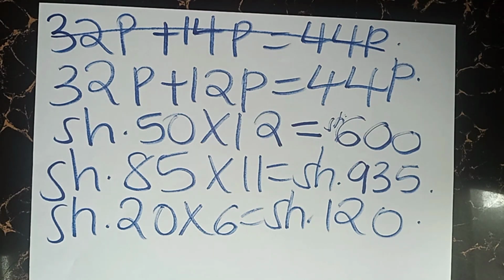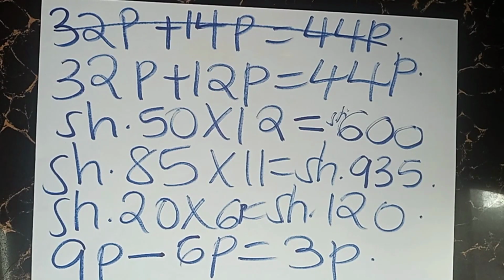At the first stop, 9 passengers boarded the bus, and 6 of them alighted at the second stop. So how many passengers remained in the bus? We'll subtract the 6 passengers from the 9 passengers. 9 minus 6 is 3 passengers.